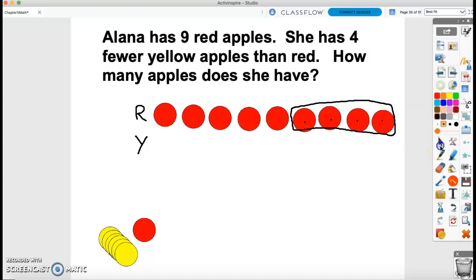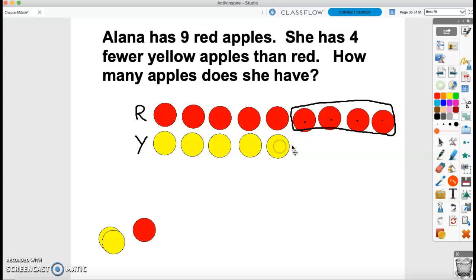So I'm going to put my yellow apples up. 1, and I'm going to match them up. 2, so those 2 match up. That one matches up. That matches up.